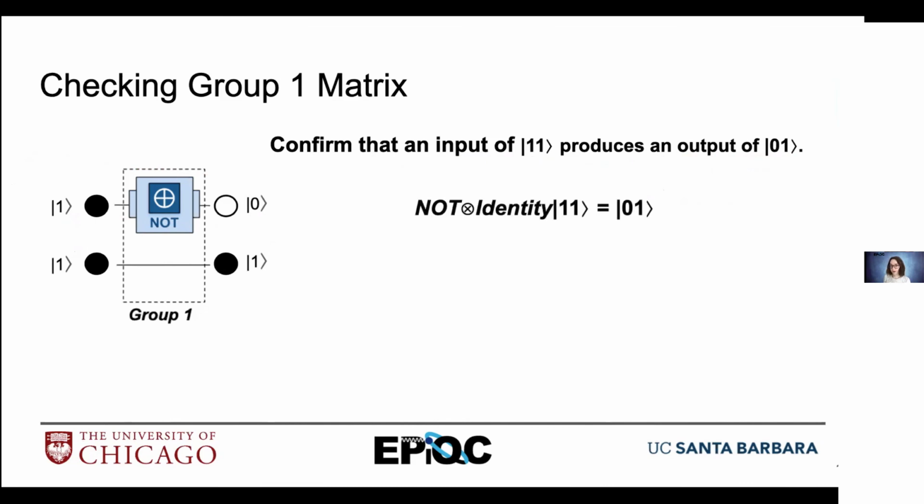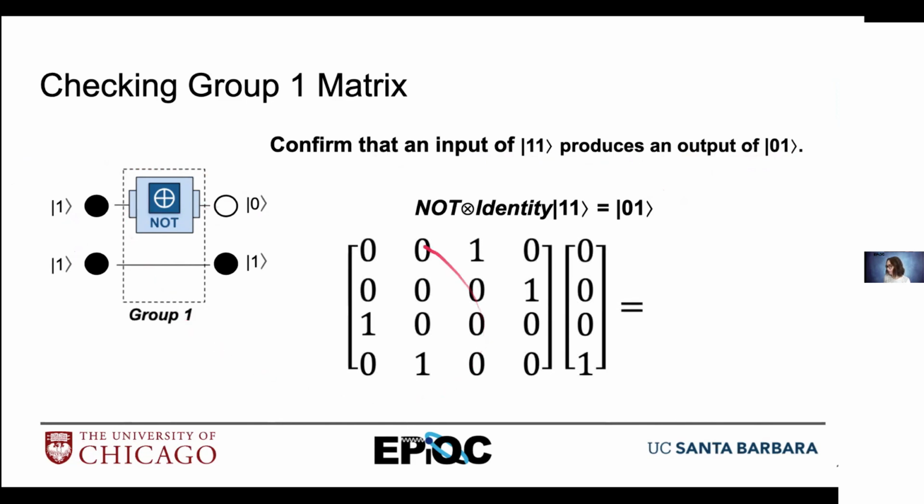Let's try that out with our matrix vector multiplication. So this is the matrix we just calculated. We're going to multiply it by our 1, 1 input, which corresponds to the following vector notation. And then when we implement that multiplication, we can see that we result in 0, 1, 0, 0 for the vector notation of our result.